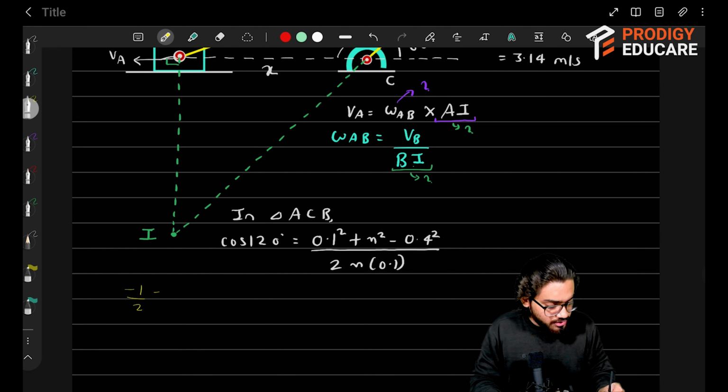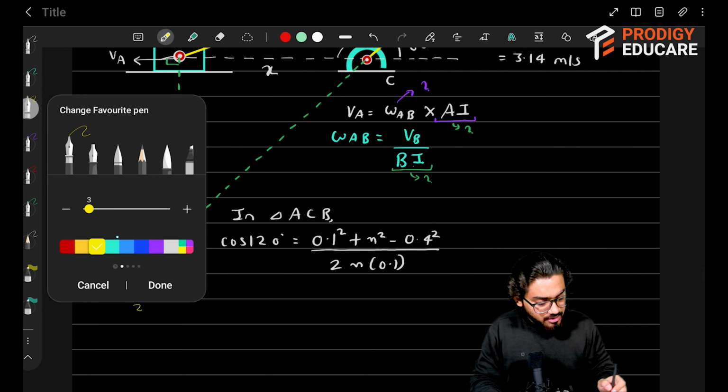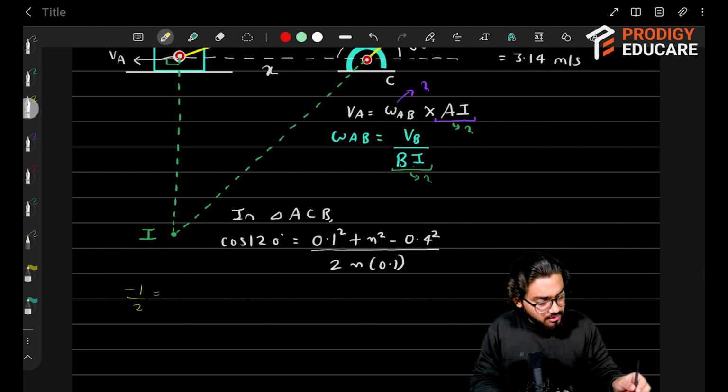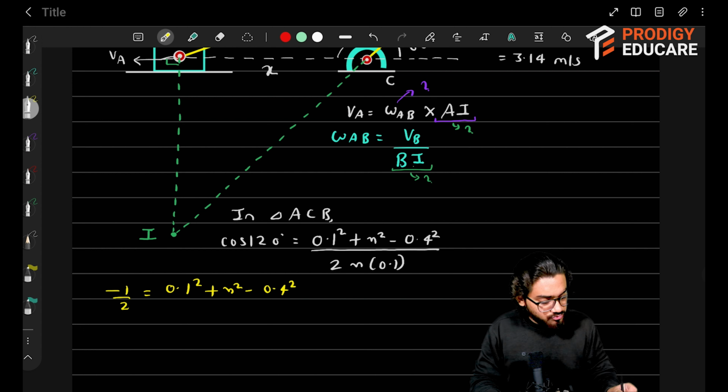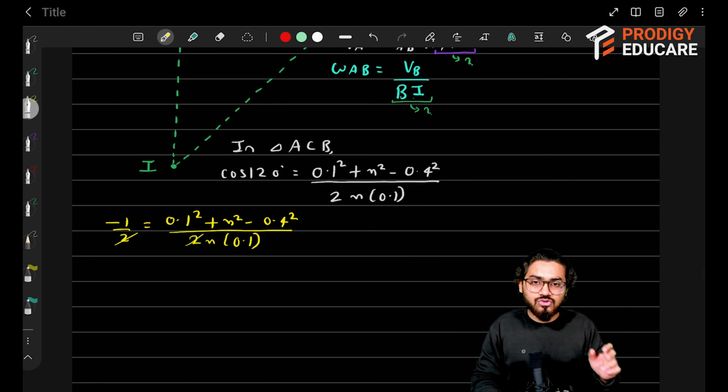Minus 1 by 2 is equal to this particular thing which we have written here. So minus 1 by 2 is equal to 0.1 square plus x square minus 0.4 square, the whole divided by 2x into 0.1. I have already solved this equation.